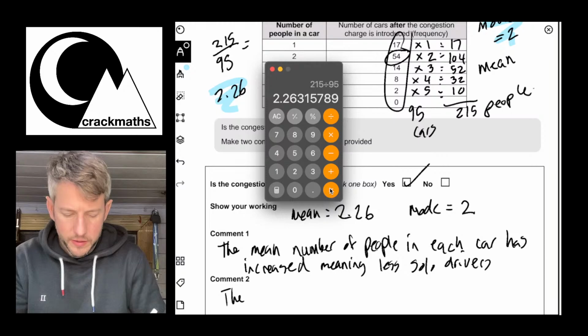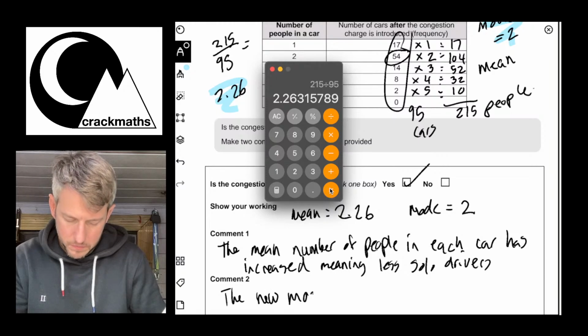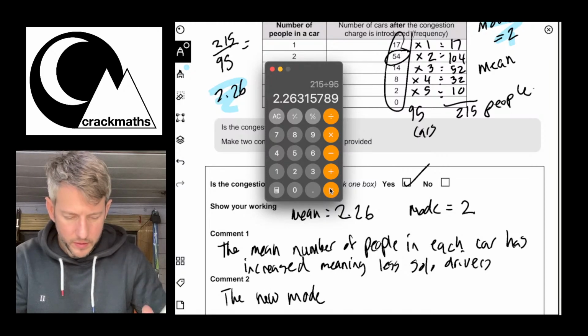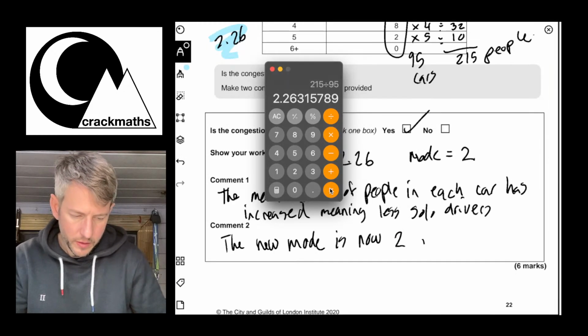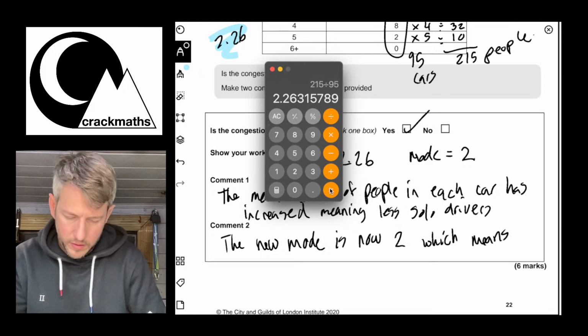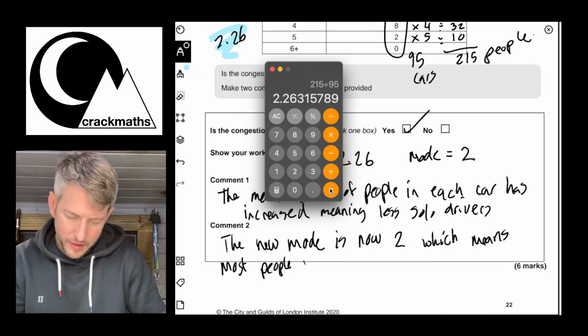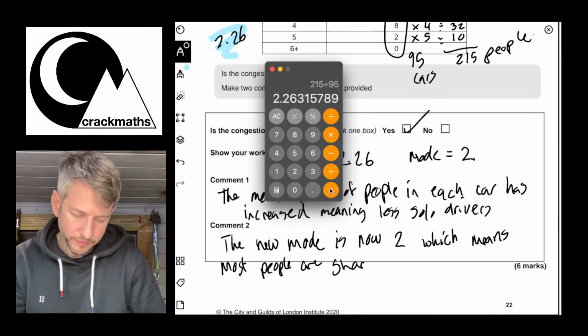The new mode is now 2, which means most people are sharing a car.